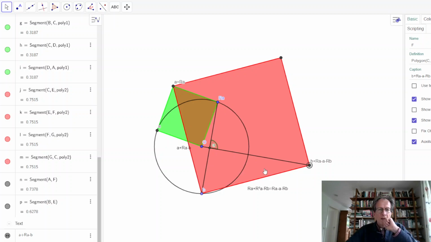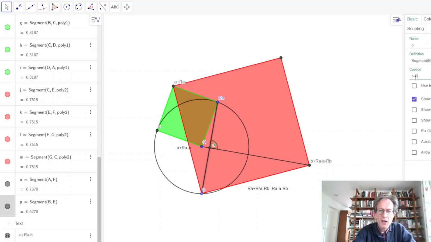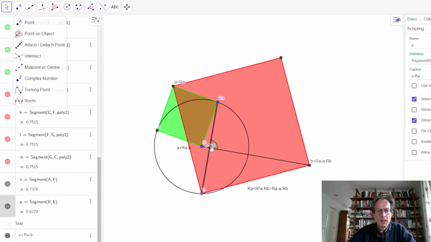Okay, there's one more vector from there to there, so we get B minus RA for that line segment over there.